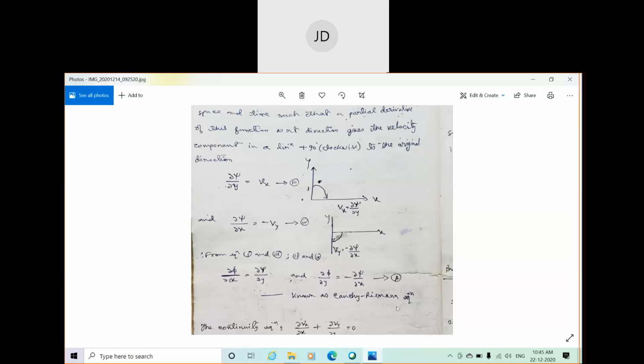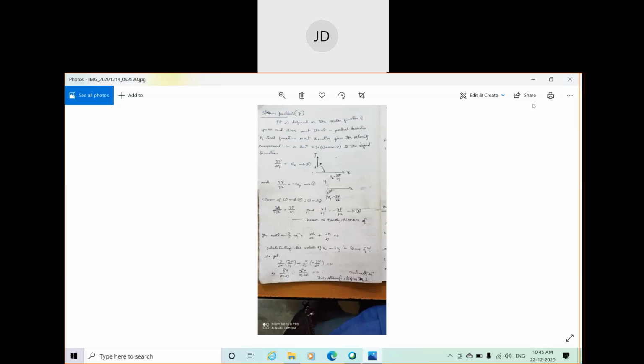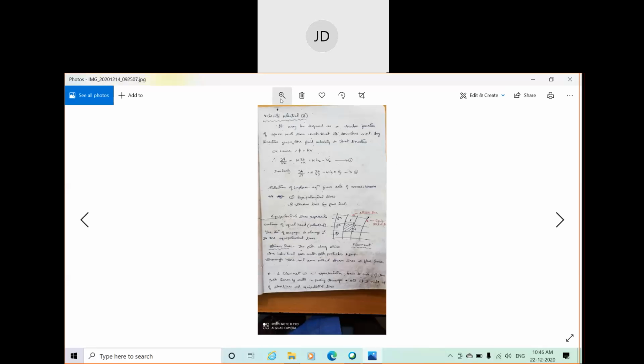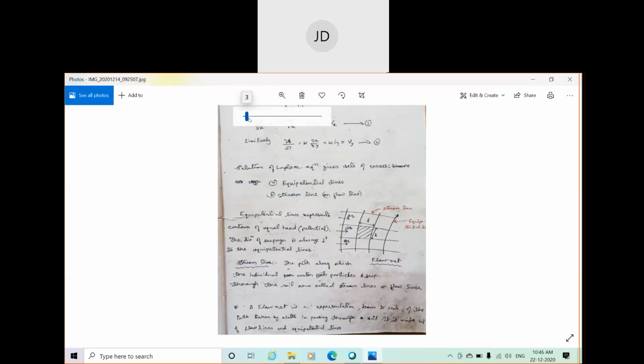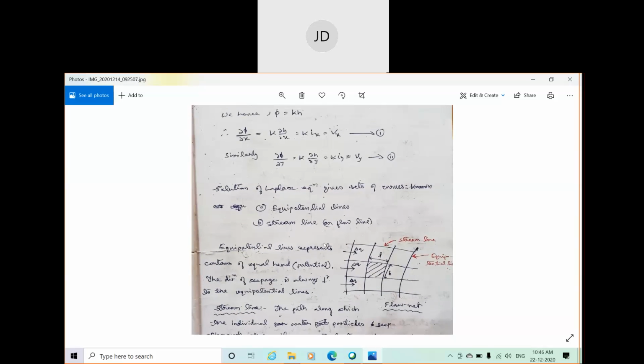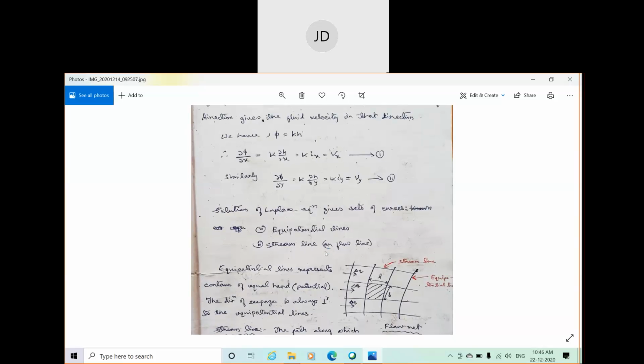After this, let's discuss flow net. I want to go back to the previous slide. This velocity potential and stream function are both derived from Laplace, and they are solutions of the Laplace equation.